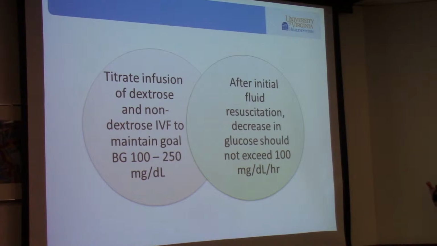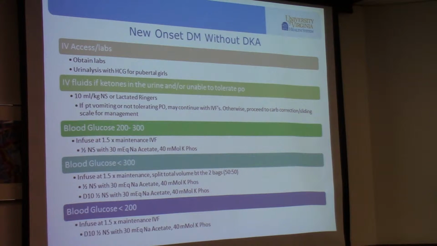So then what you might see, and it's possible, but sometimes every physician is a little bit different. We're trying to get them all on the same page. What you might see is, instead of running your maintenance fluids at 50% from one bag and 50% from the other, they may up the dextrose because he dropped way too fast. Is that clear? Sort of? Okay.